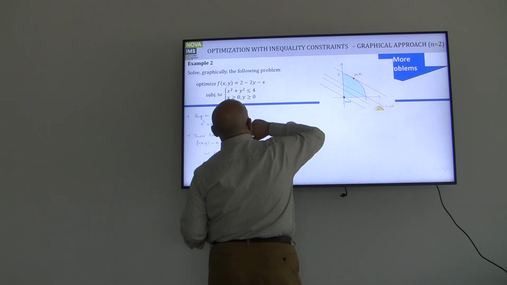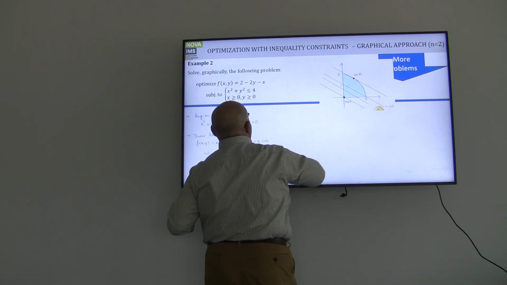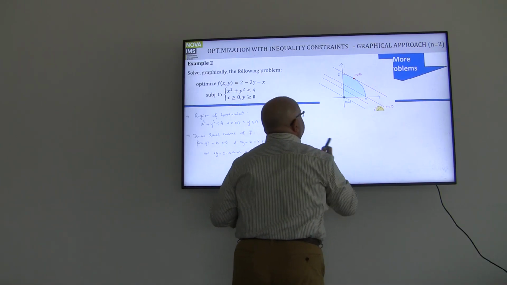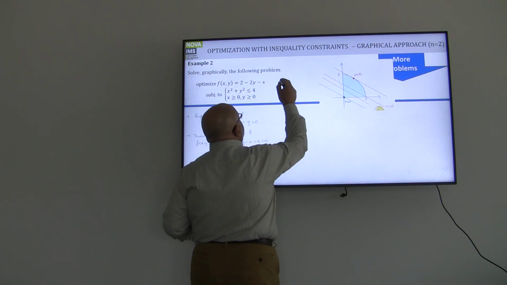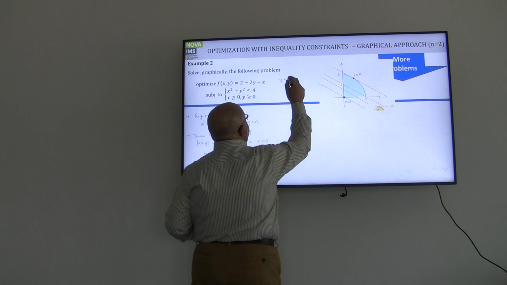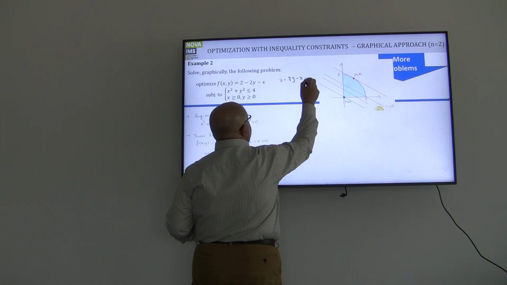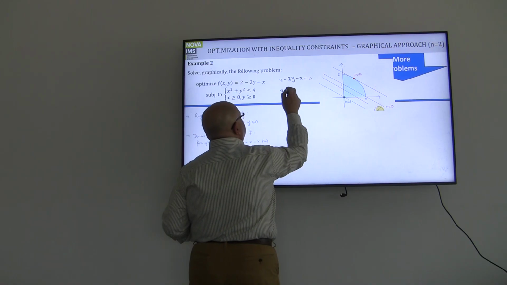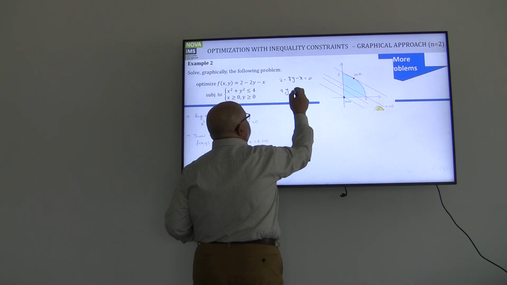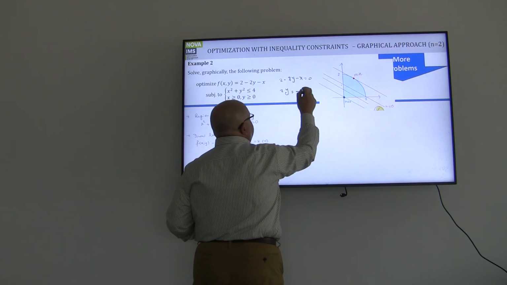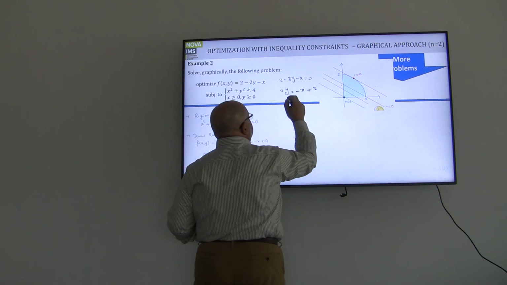I will try to solve this line, which is simply 2 minus 2y minus x equal to 0, which will lead to 2y equal to negative x plus 2, divided by 2.